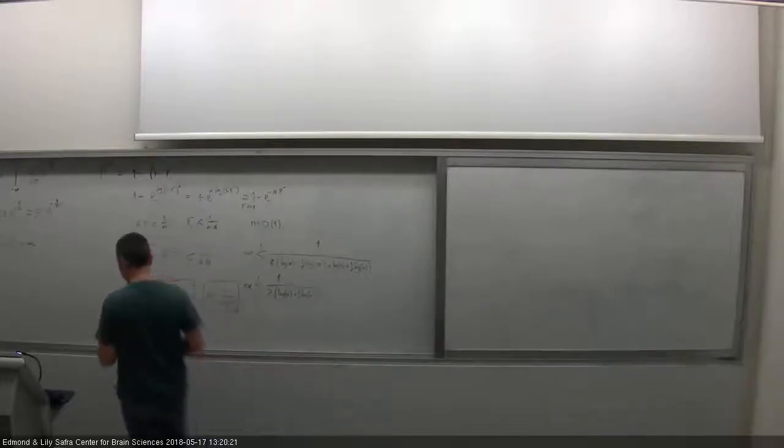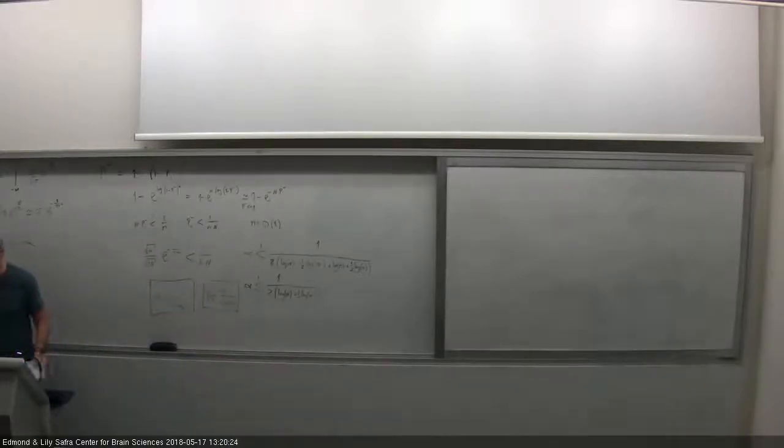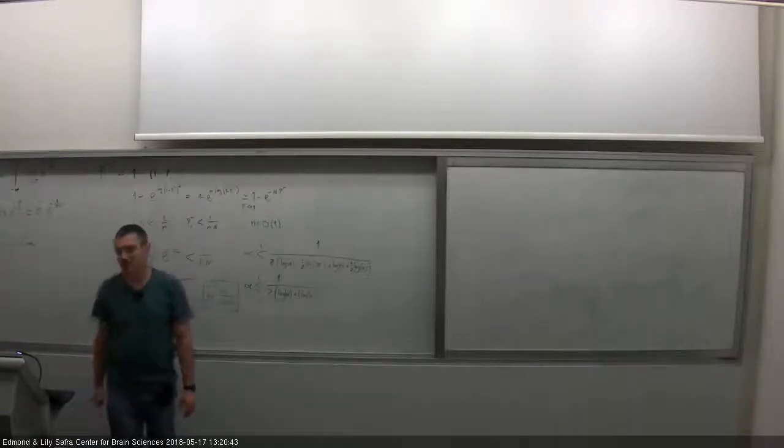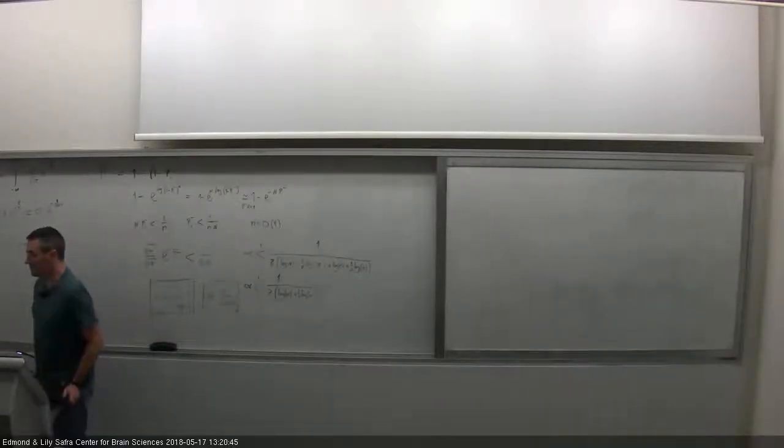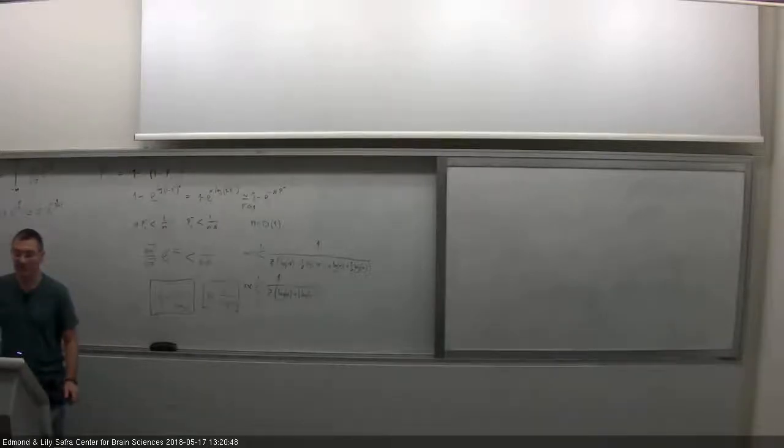Alternatively, we can ask a different question. We can say, well, I don't care much about a small number of mistakes in the retrieval. So why should I worry, thinking about a retrieval of a memory pattern? Maybe it is sufficient that, I don't know, 90% of the neurons will correctly retrieve the memory pattern, or 95% of the neurons.